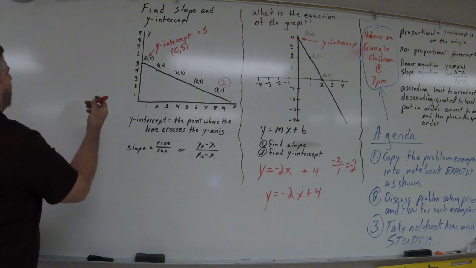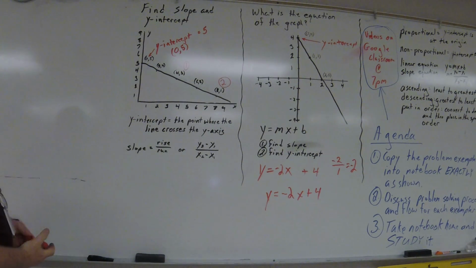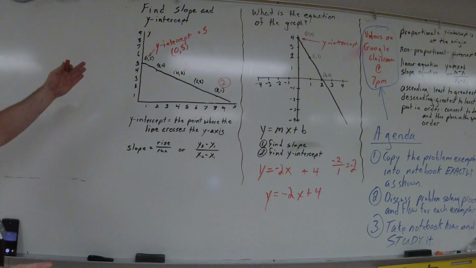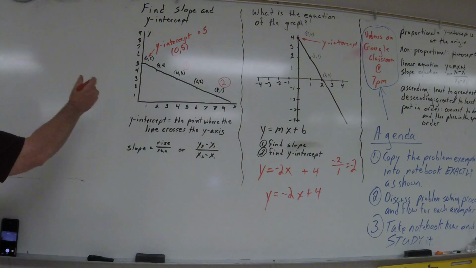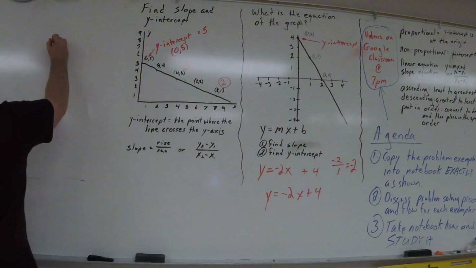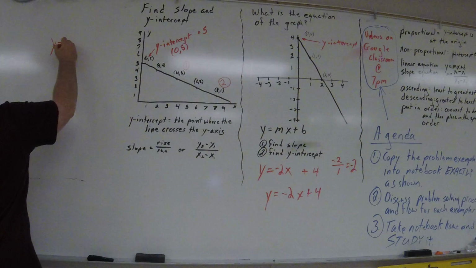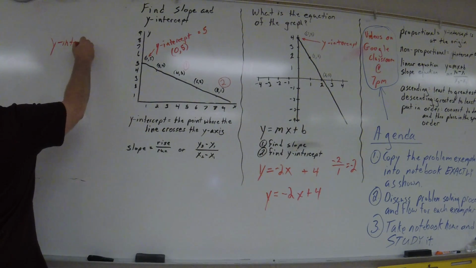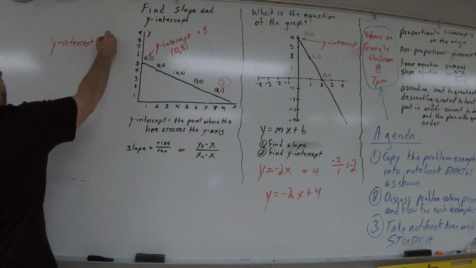So we can just tell that looking at the graph. Now, can we calculate that if all we had were numbers on a page? Yes. But this problem type, we have the graph. So just read the y-intercept. So the y-intercept equals 5.